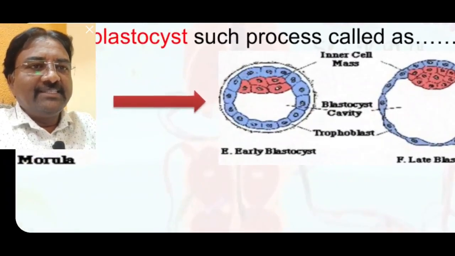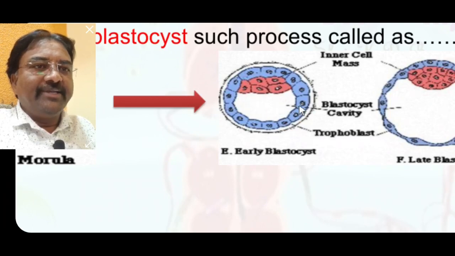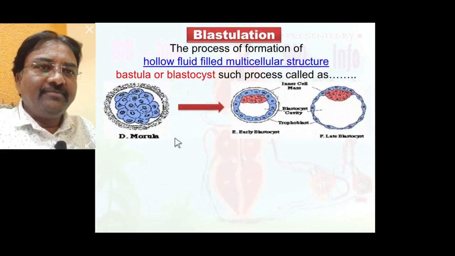Here the outermost layer of cells is called the trophoblast, inside it is the blastocoel cavity, and these cells are the inner cell mass. This is the early structure of the blastocyst formed from the morula.